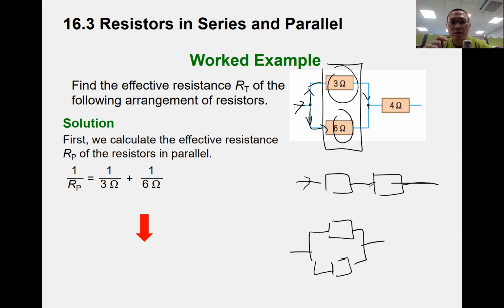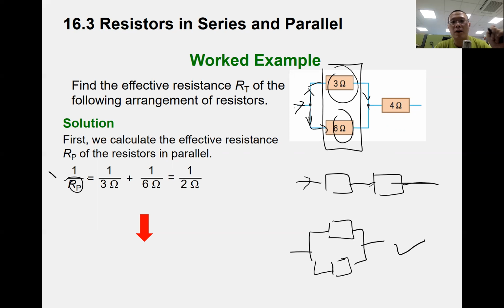I'm very sure, because they look like the previous examples that I've seen in my previous few videos for parallel arrangements. So what I now do is adopt the parallel arrangement formula: reciprocal of everything, then add them together. So 1 over 3 and 1 over 6, I add up, it becomes a half. But remember, this is only 1 over RP, which is a half.